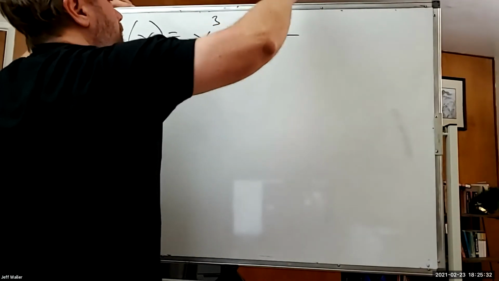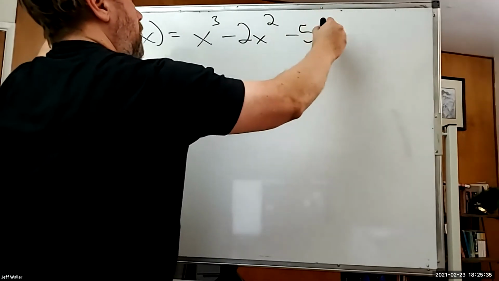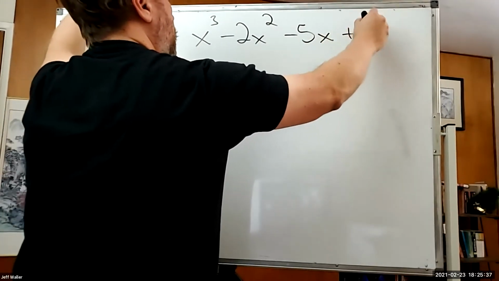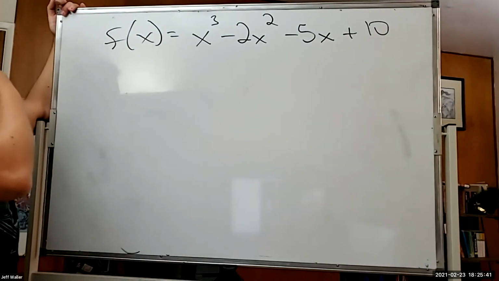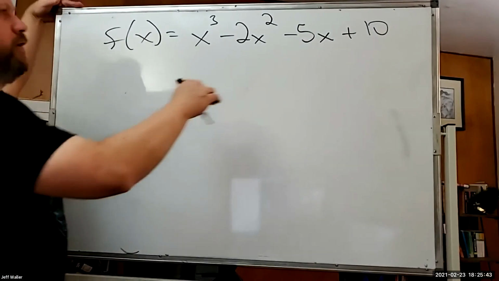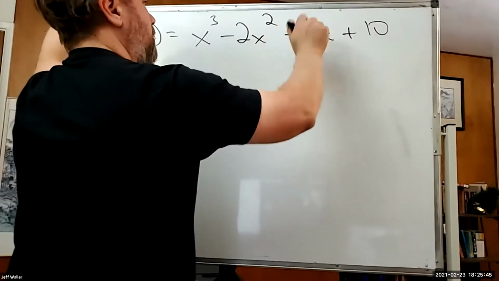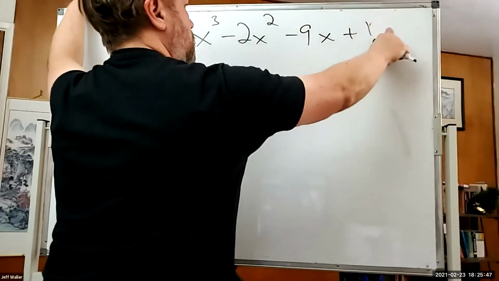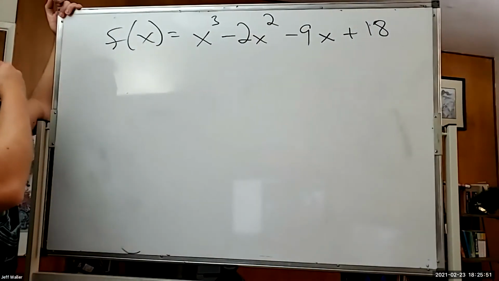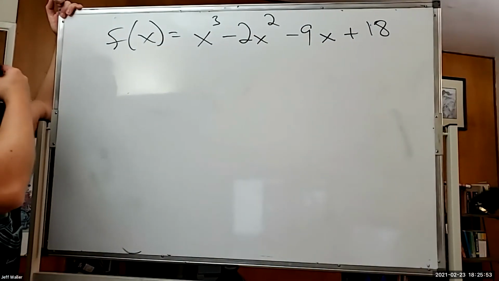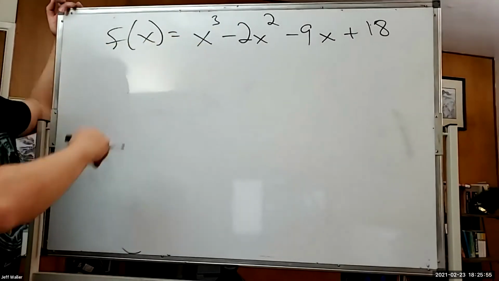Oh, I don't know, man. Sure. Okay. That's not very pretty. Hold on. Let's do this. Make this 9 and make this 18. That's better. How do I factor that?